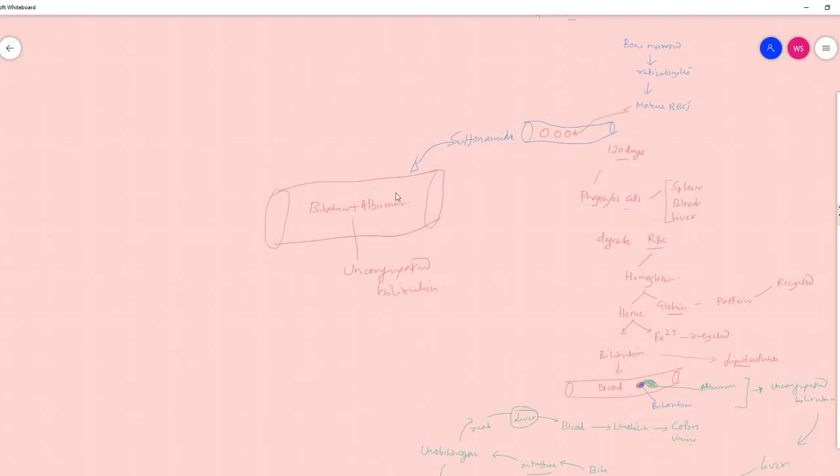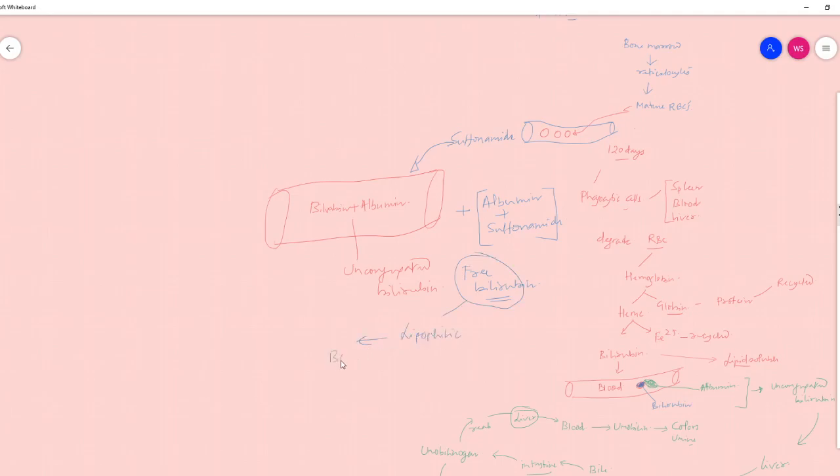So what happens is this sulfonamide goes and binds to the binding site which was previously holding bilirubin. So now what we will get is albumin plus sulfonamide in the blood, plus free bilirubin. This free bilirubin is highly lipophilic.